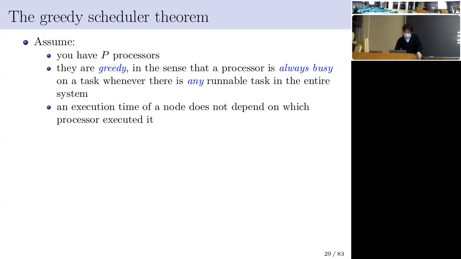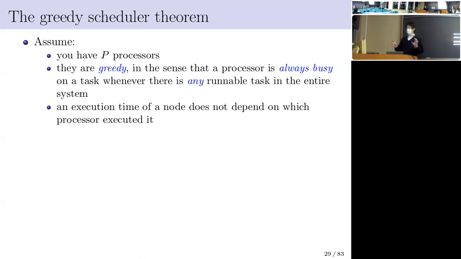So yeah, I think you can read it by yourself. But greedy means that there's no time during the execution in which a processor is not doing anything, so it is not working on a task, even if there is a runnable task. This is another way of saying the scheduler is greedy. Did you get that?